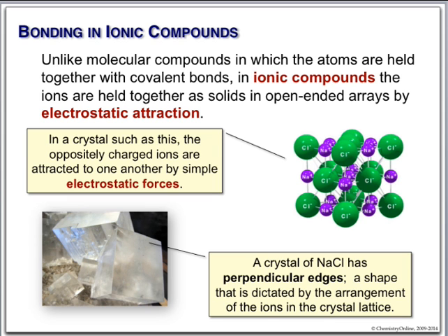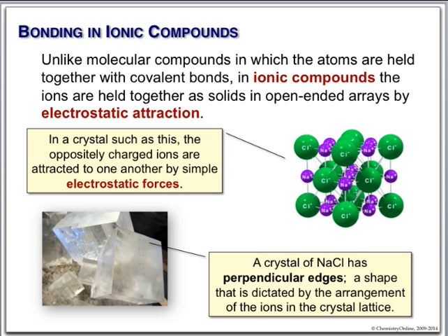Well, when you're dealing with ions, we said that this is a chloride anion, it's a -1 charge, and this is a sodium cation, +1 charge. The first question you should ask is, how do you know that? How do you know that chloride is going to form a -1 and that sodium is going to be a +1?